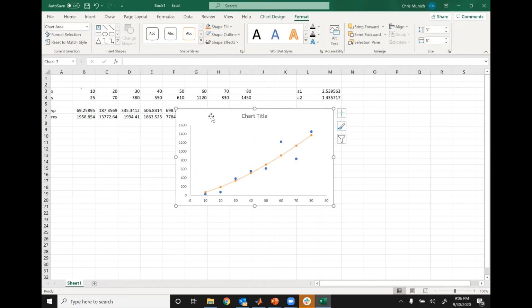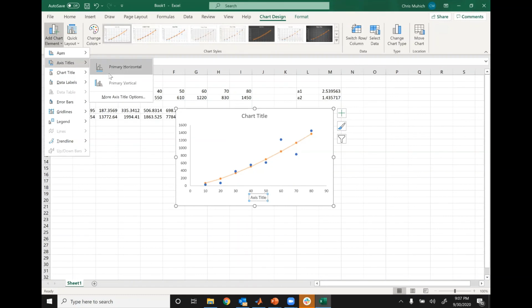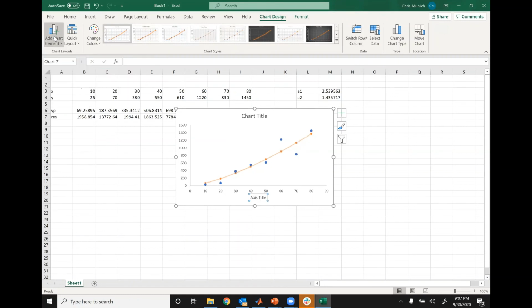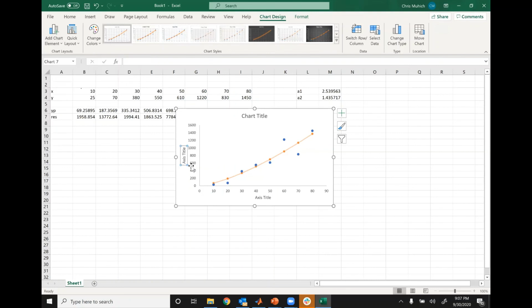Often we want to add in extra things to our chart, maybe like an x-axis. So if I go to Chart Design, I can click on Add Chart Element, including a horizontal axis and a vertical axis. Maybe this we call the velocity, sticking with the theme from the example.